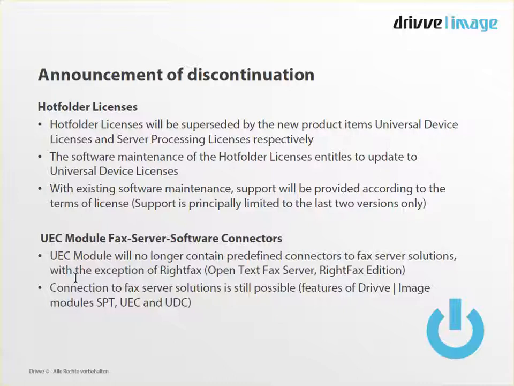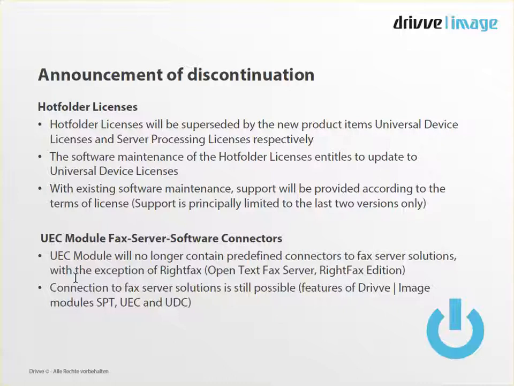And also there's the universal exchange connector module, which offered customized interfaces to fax server software. Those were built in a time where most fax server software applications did not offer email to fax.